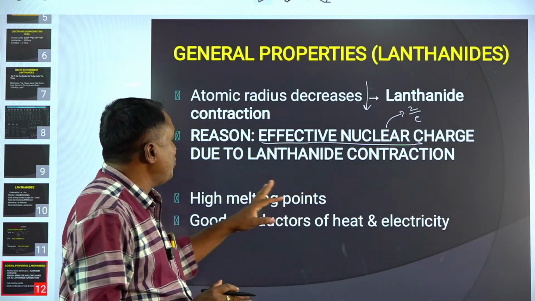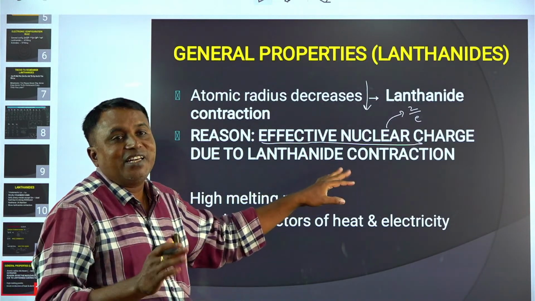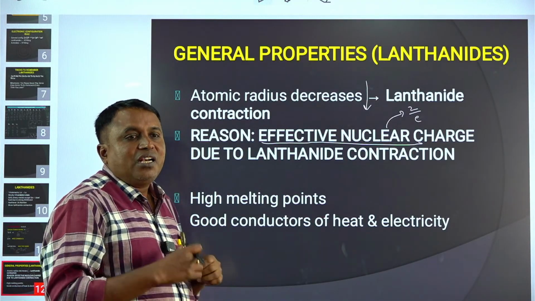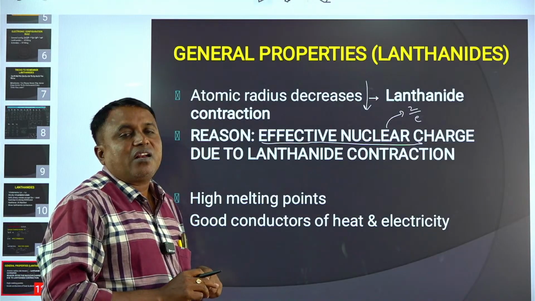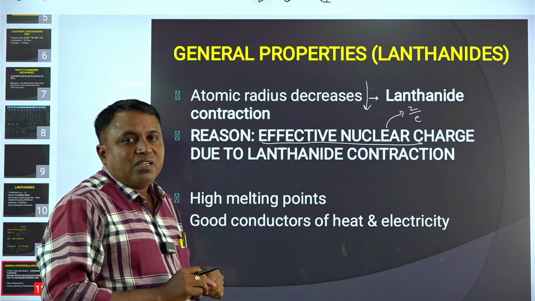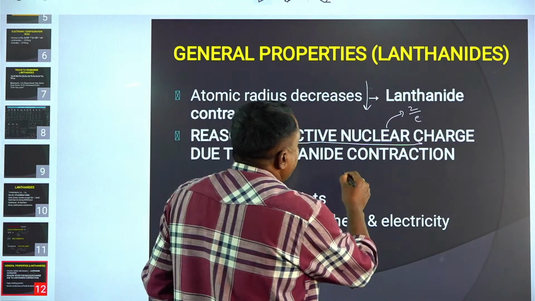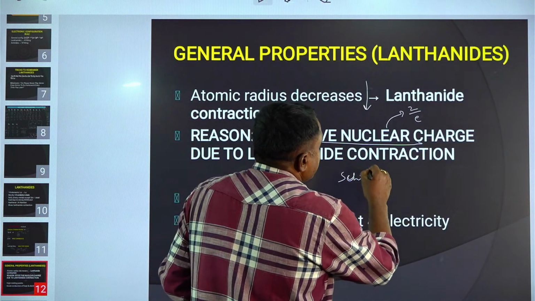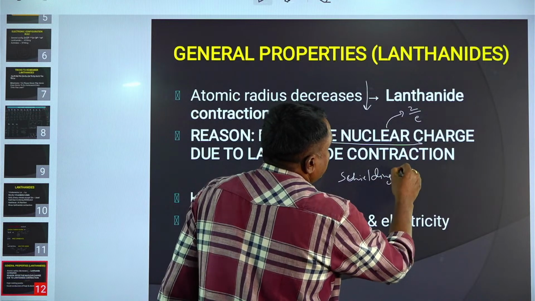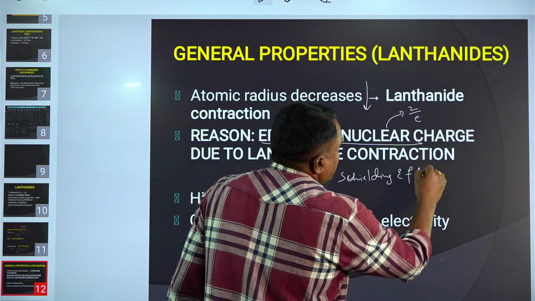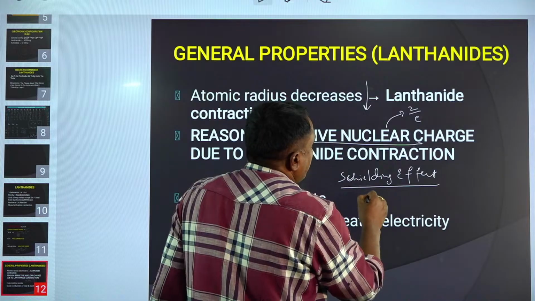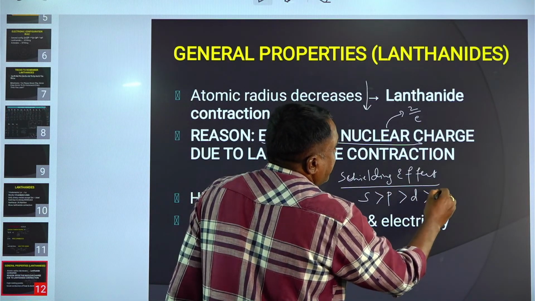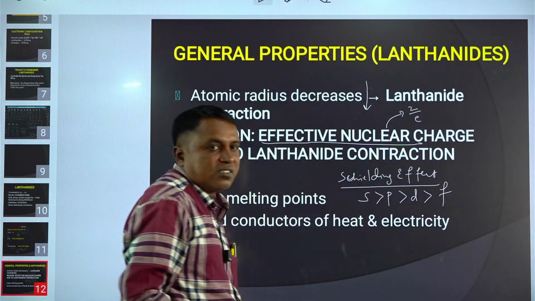This is due to poor shielding effect of the inner 4f electrons. Generally, shielding or screening by f electrons is very less. So what is the shielding effect generally? Shielding effect is more for s orbitals, less for p, and very less for d and f orbitals.